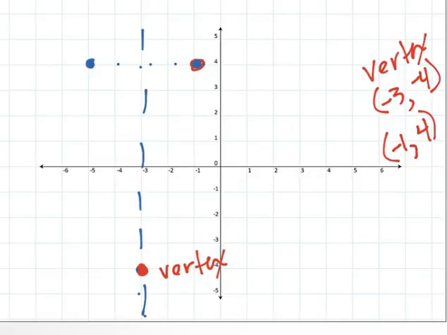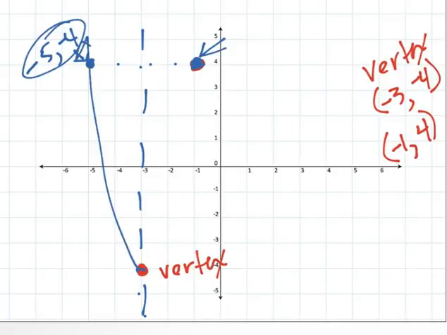They have to match, don't they? If you folded your paper, they would have to be mirror images of each other. So if there is a point right here at -1, 4, then there also has to be a point at -5, 4. There has to be that point as well because they have to match.